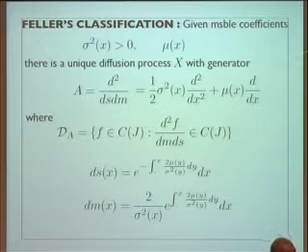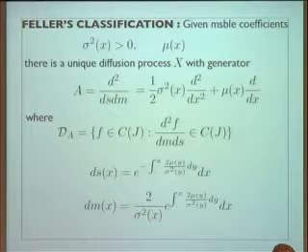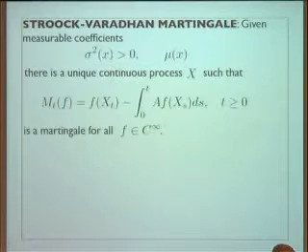But I'm just reminding you that according to Feller's theory, given these measurable coefficients, there's a diffusion corresponding to that because it'll determine a speed measure and a scale function. And so you can try to work out what would be the interface condition in the case of Feller's diffusion that you would get from this. We can talk about that later.